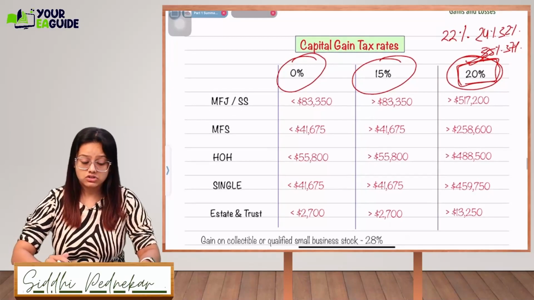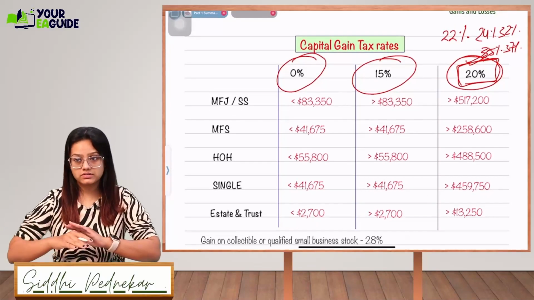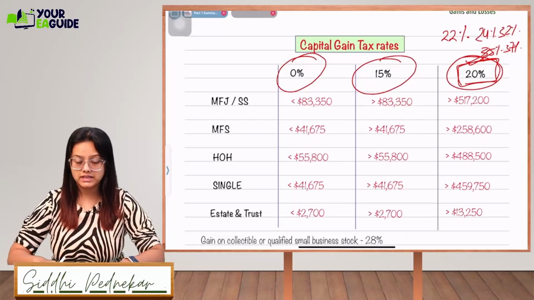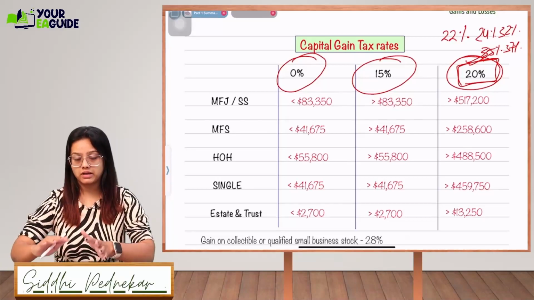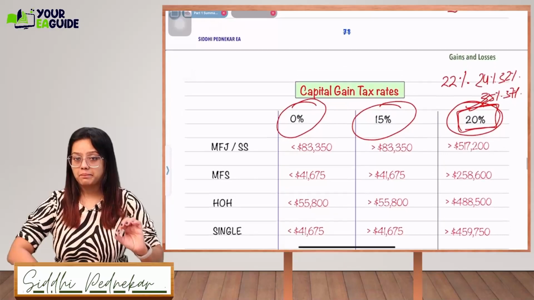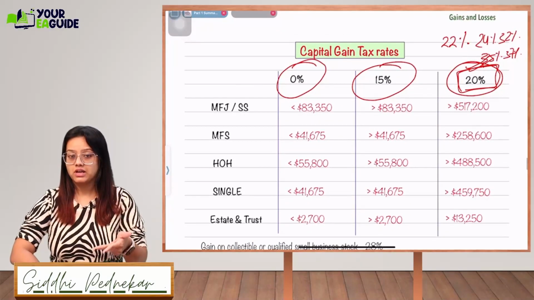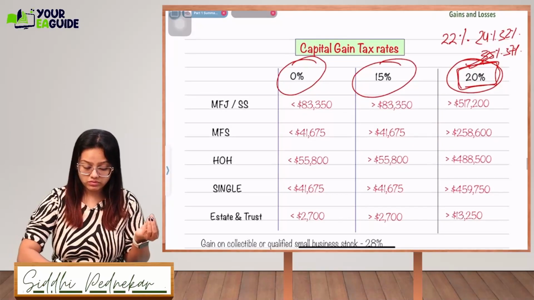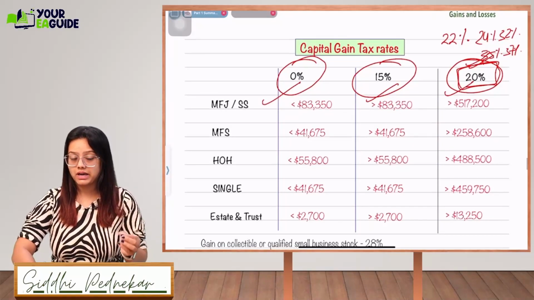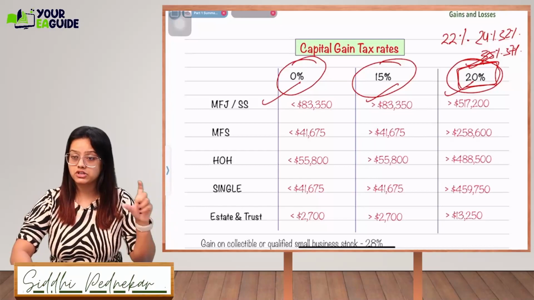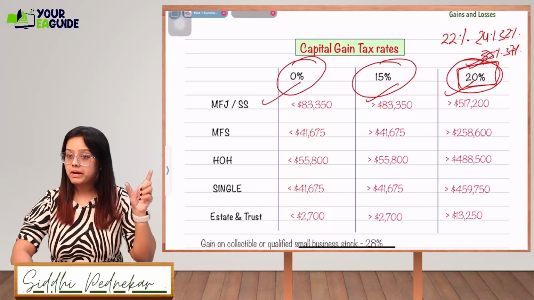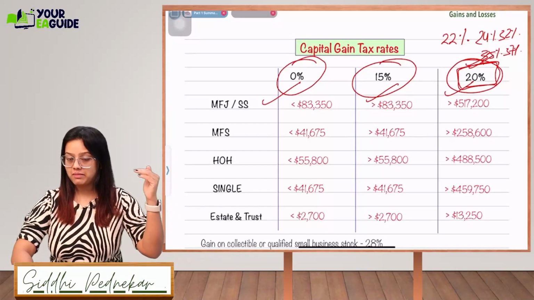Okay, guys, these slab rates which we have done will not be asked in the exam. This is just for your understanding. In case of capital gain, how much it will be taxable, either it will be 0%, 15% or 20%. The reason why we use these three wordings is depending on the slab rates, the ordinary marginal rates. Based on that, you have to check which slab rate you are falling under.